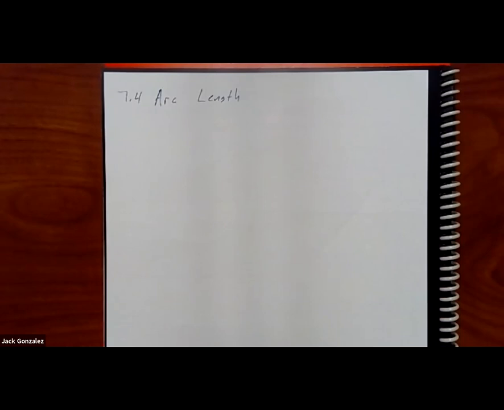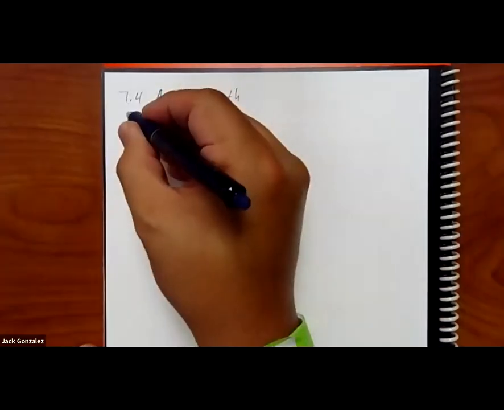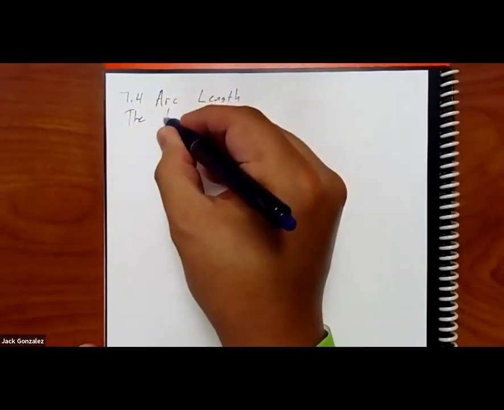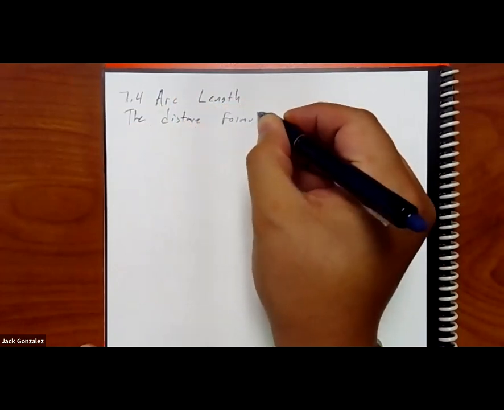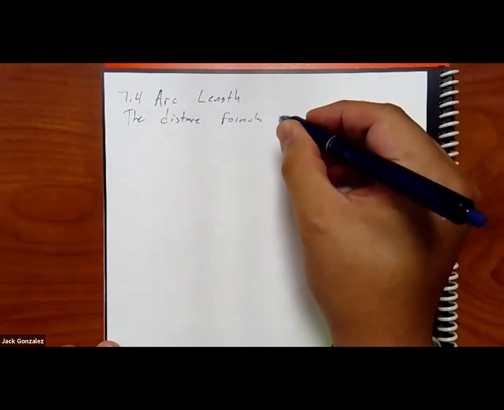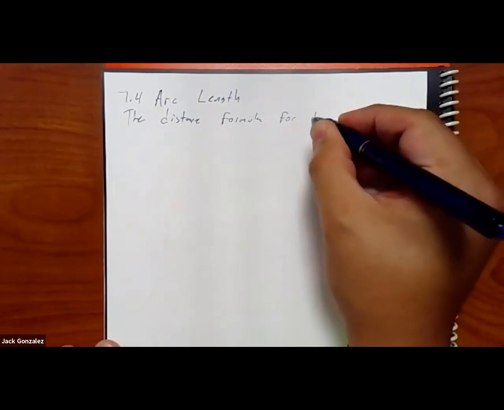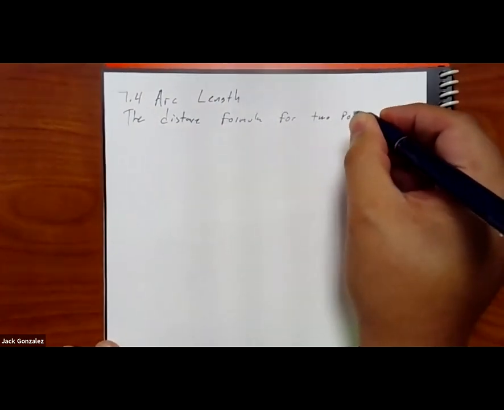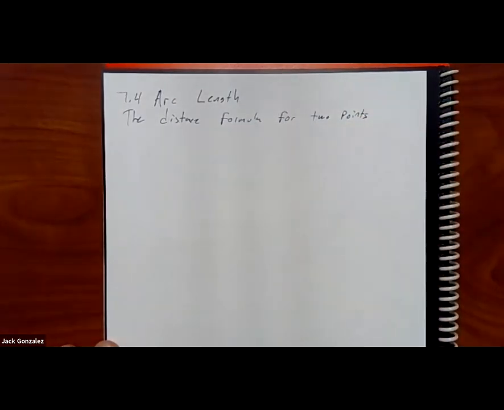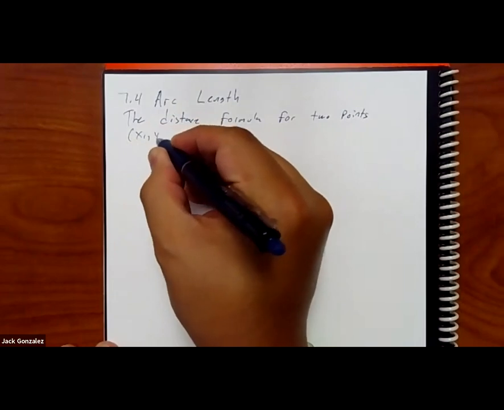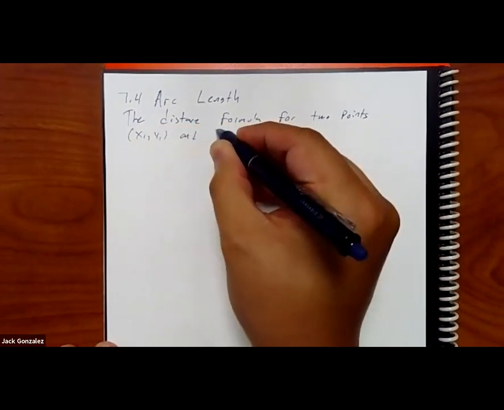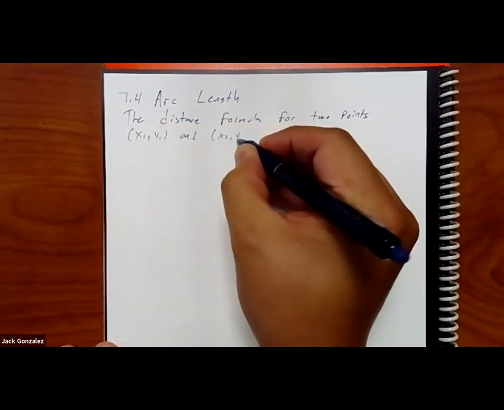So the first thing you're going to need, or I guess a reminder, is the distance formula for 2 points, X1, Y1, and X2, Y2.